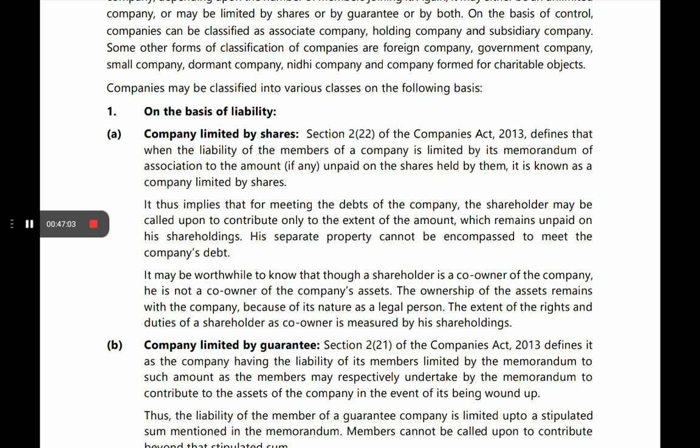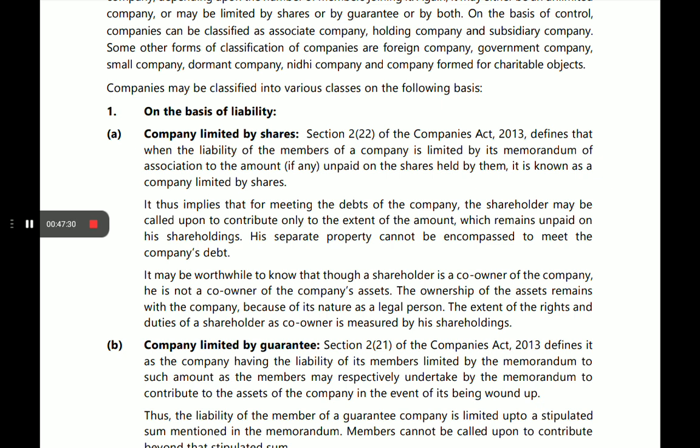His separate property cannot be encroached upon to meet the company's debt. It may be worthwhile to know that a shareholder is a co-owner of the company.